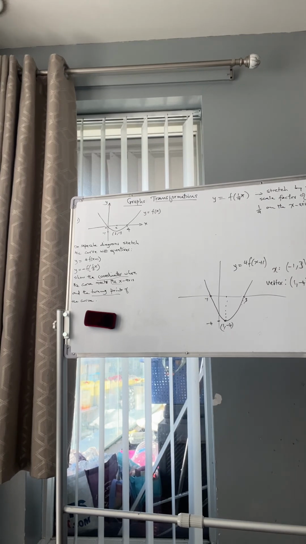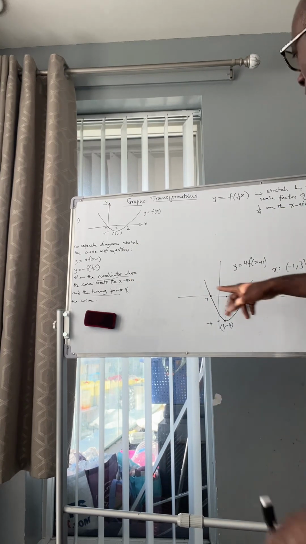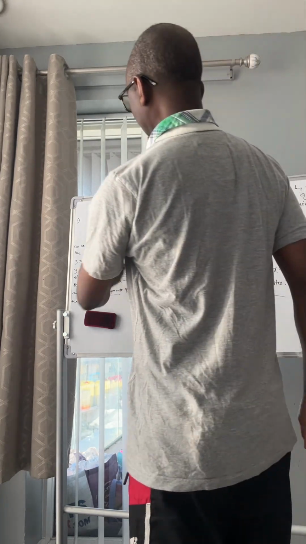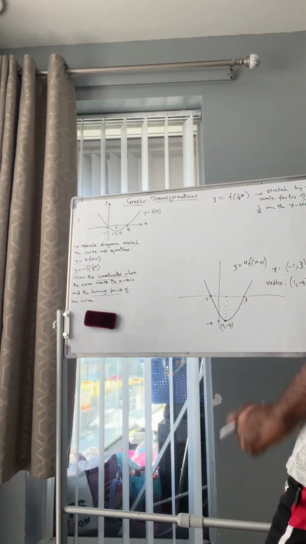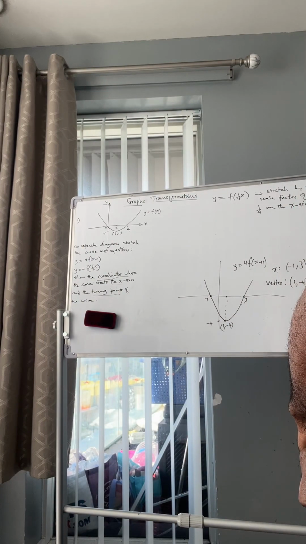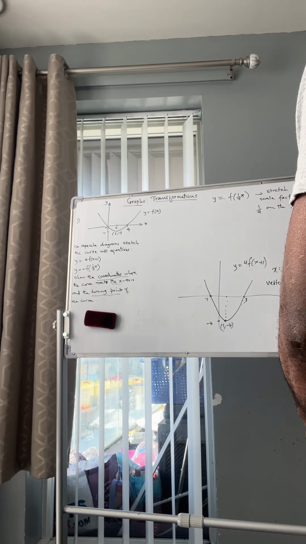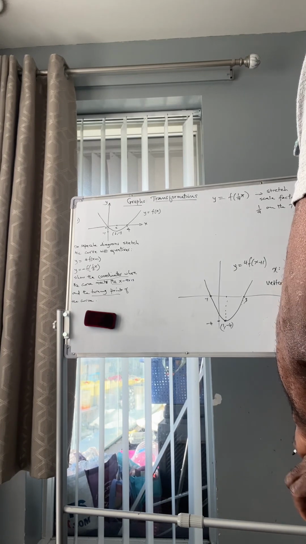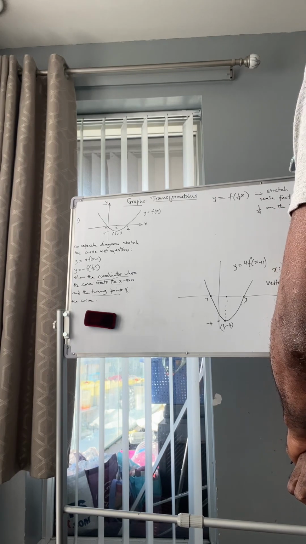So what is this one telling us? This is telling us a scale factor of 1/2 on the x-axis. The x-axis is stretching by 1/2. And what do we have on the x-axis?